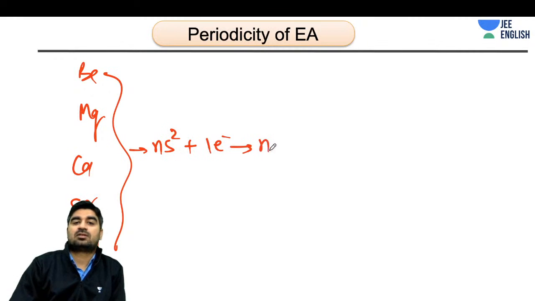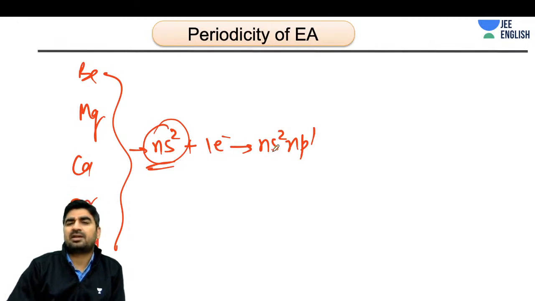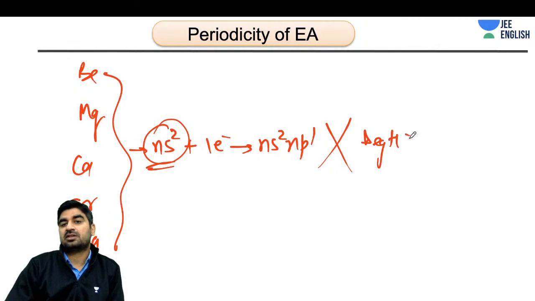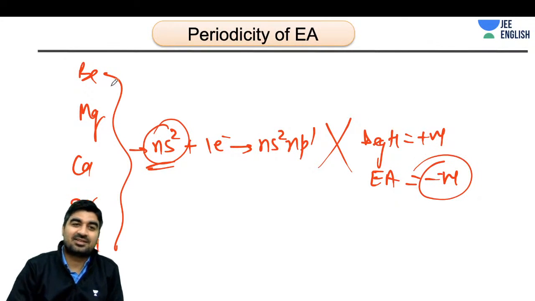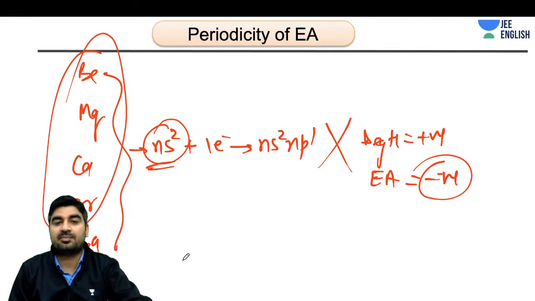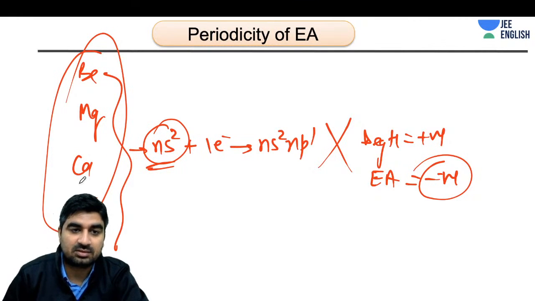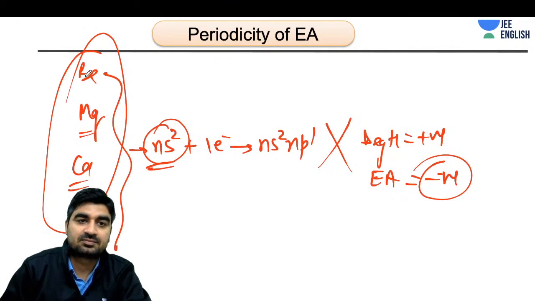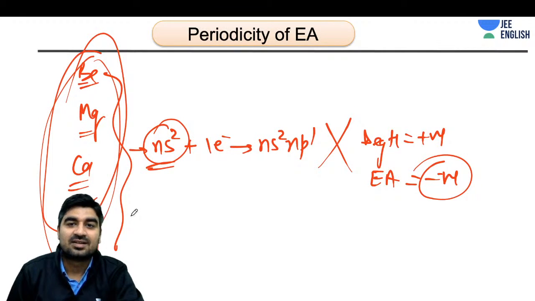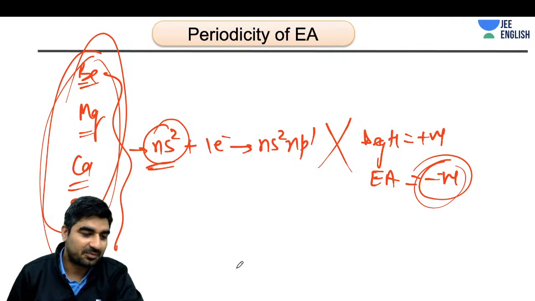On gaining one, it will become np1. So it is already completely filled and does not want to gain it. So electron gain enthalpy will be positive and electron affinity will be negative. And negative means they don't want to gain electrons.